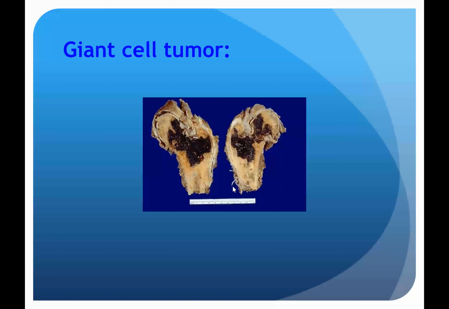The patient age usually is between 20 to 40 years. It involves both epiphysis and metaphysis and commonly affects the long bones. It is a benign tumor with aggressive behavior also. Pathological fracture may occur.